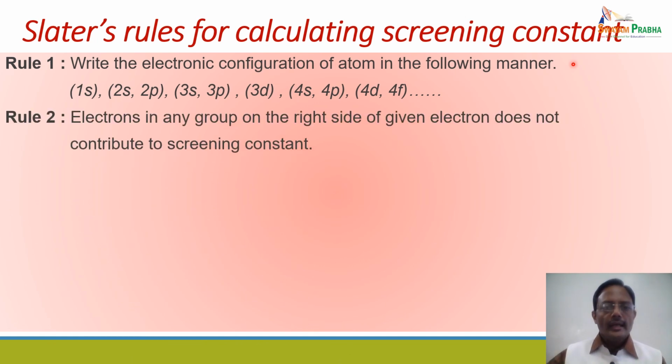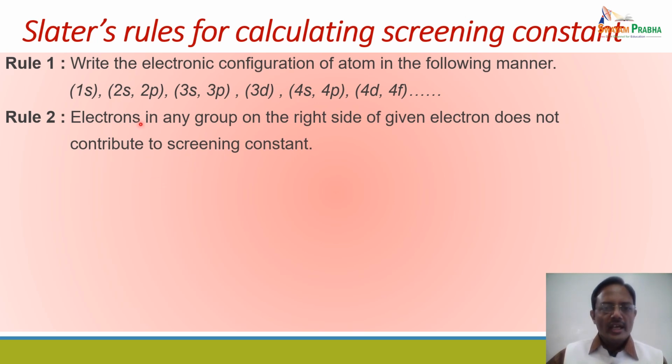Secondly, electrons in any group on the right side of the given electron, or the electron under consideration, do not contribute to the screening constant. For example, if I want to calculate the screening constant for a 4s electron, then the electrons which are present in 4d and 4f will have no contribution to the screening constant.